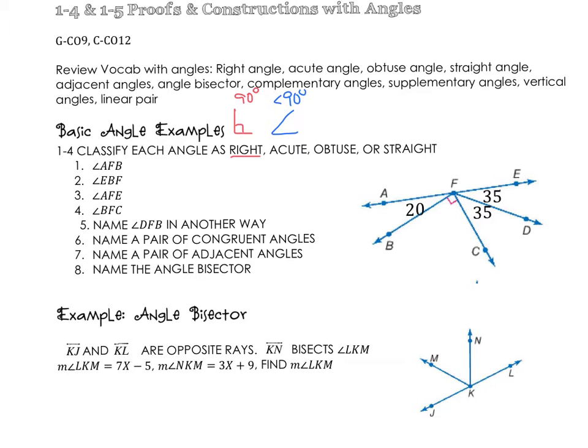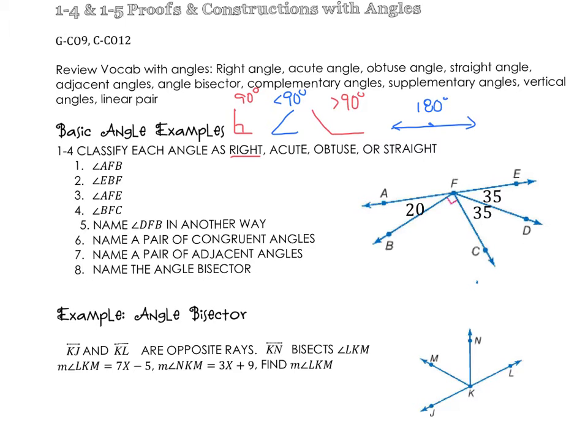An obtuse angle is greater than 90 degrees. And a straight angle is exactly what you think it is. It's a straight line, and it equals 180 degrees exactly.